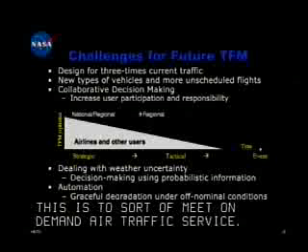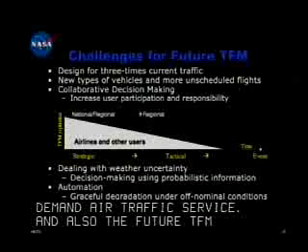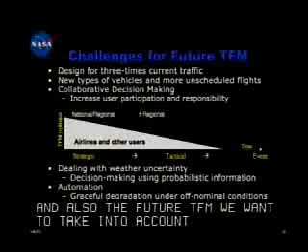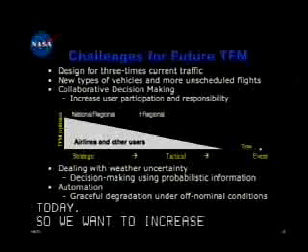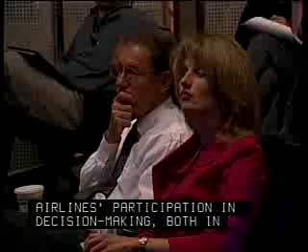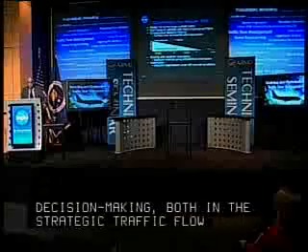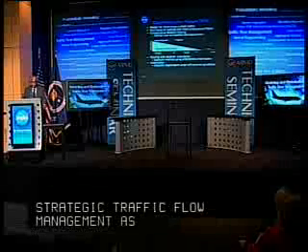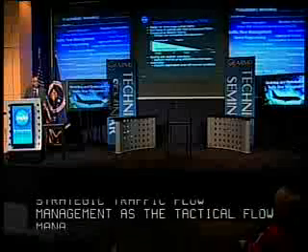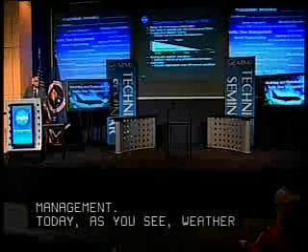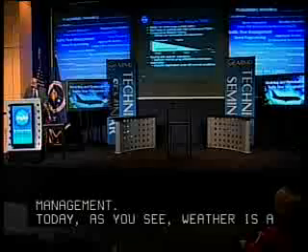And also in the future TFM, we want to take into account collaborative decision making much more than what is possible today. So we want to increase the airlines' participation in decision making, both in the strategic traffic flow management as well as tactical flow management. And as you saw, weather is a major uncertainty. Today, in all our decision-making, weather is considered to be deterministic.